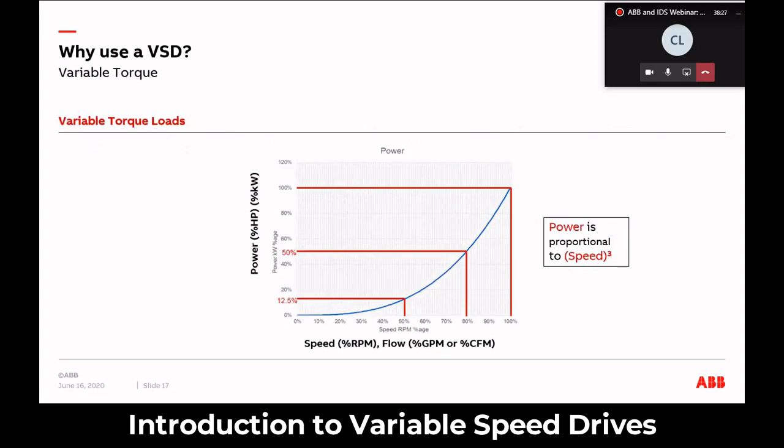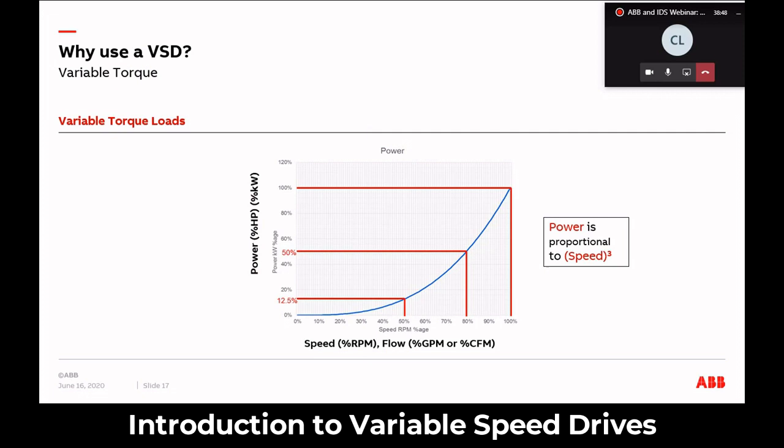So going back to the variable torque load, as we've seen, the power is proportional to speed cubed, and this is a typical overview of how variable torque varies in relation to speed and power.